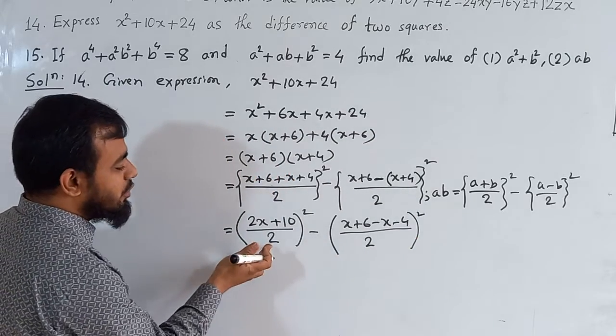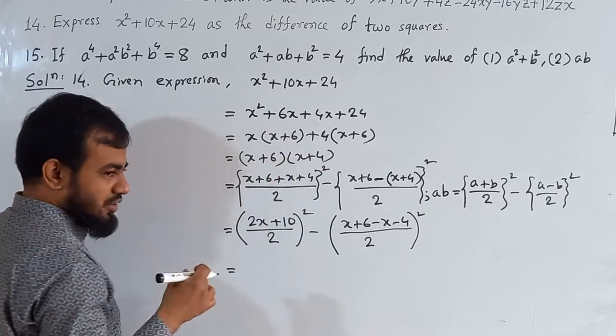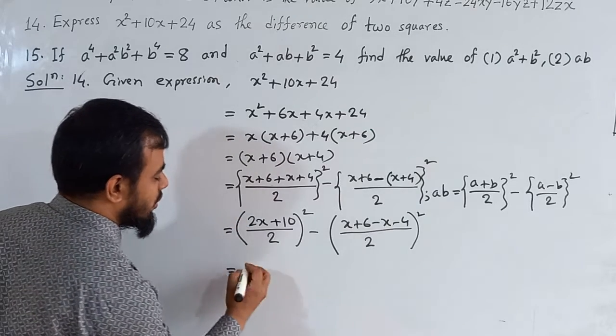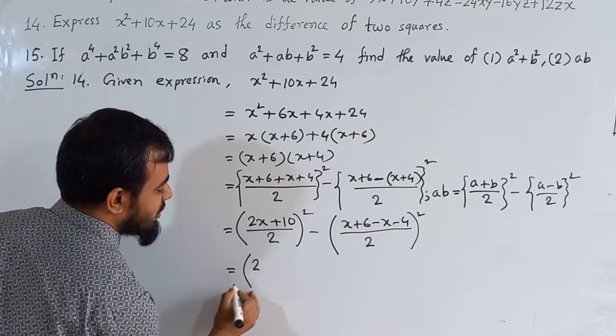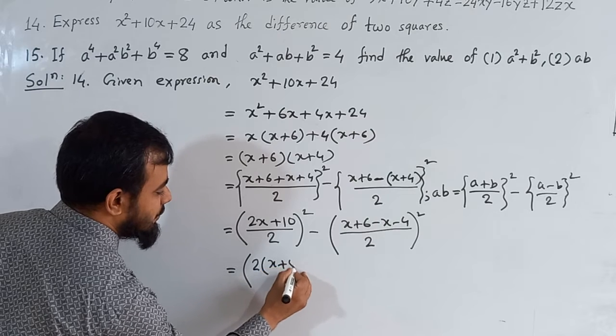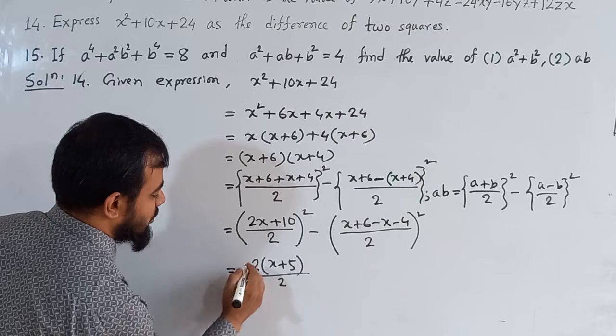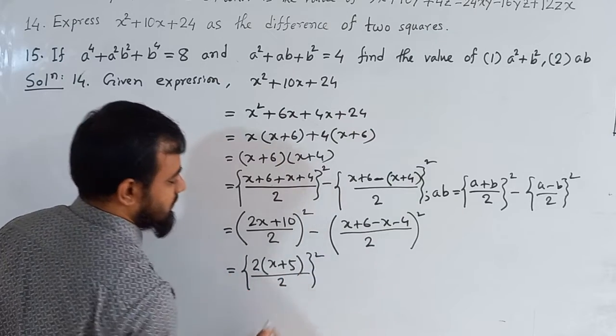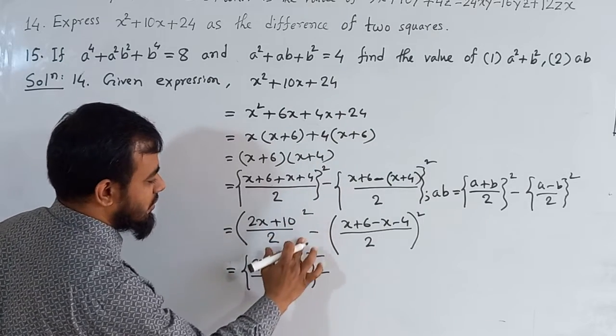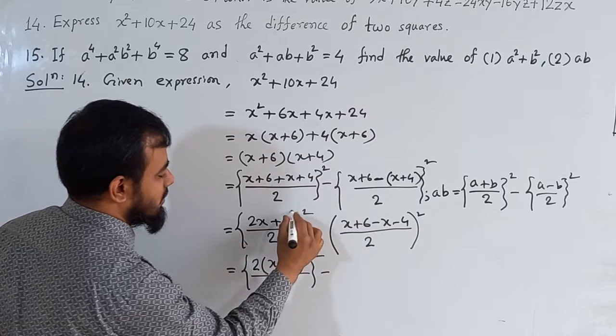We can remove these two 2s from the denominator by taking 2 as common from the numerator. If we take 2 as common, it will be x plus 5 whole over 2. This is whole squared, so we should use the second bracket again. Minus, we can use the second bracket here also.